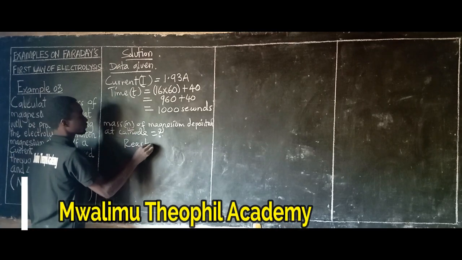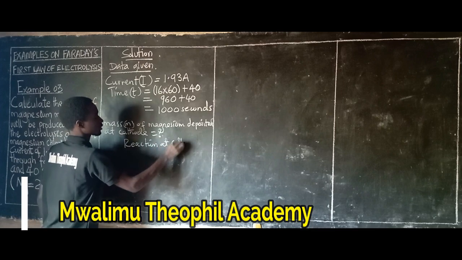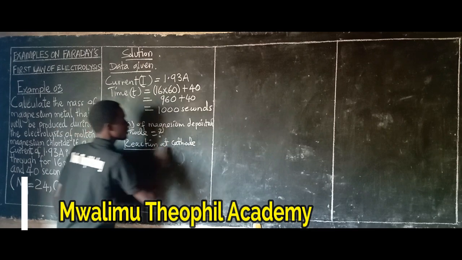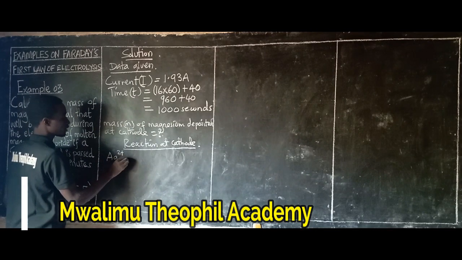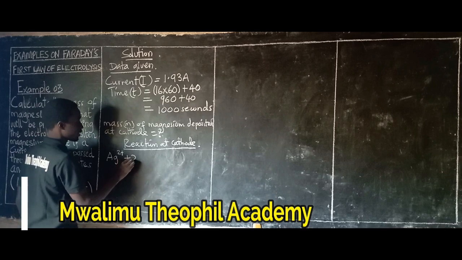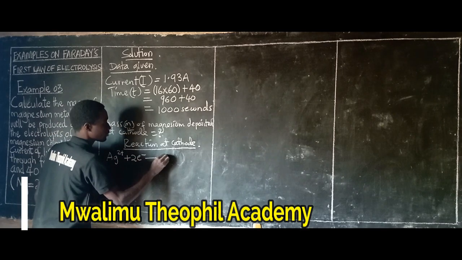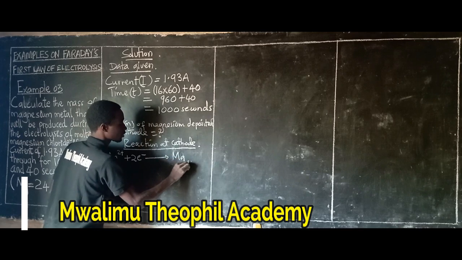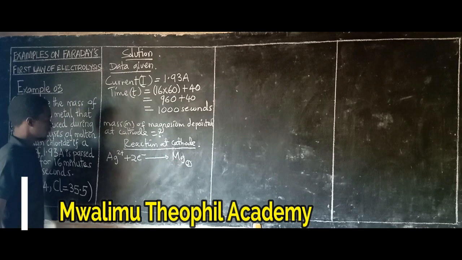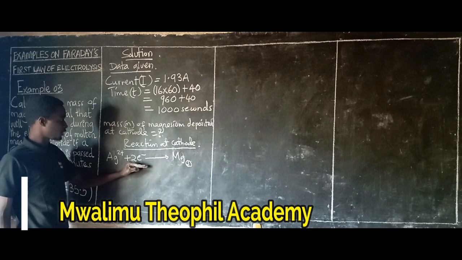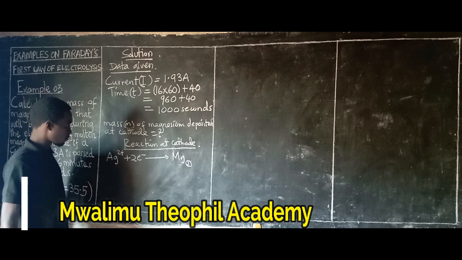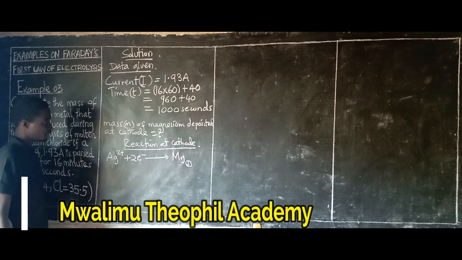The magnesium ion is going to be reduced by gaining 2 electrons and becomes magnesium metal. So from this balanced chemical equation, we can use the idea of mole concept and stoichiometry so as to know the mass of magnesium which will be deposited.